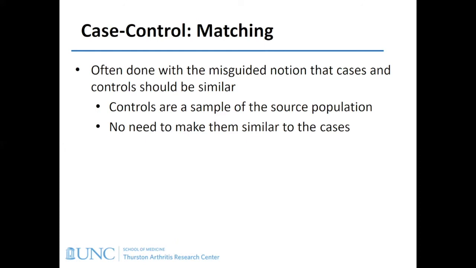The problem with that over matching is that it can lead to bias, because we really do want our controls to be a sample of the source population. If we're concerned about some of those other covariates, those are things we can control for in our statistical models, but we don't want to limit which controls we bring in. We want them to be representative of who we thought we would have brought in if we had done that big cohort study.